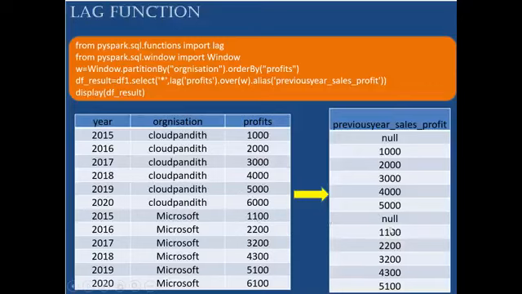Similarly, 1100 will come as null because we are using the lag function. This particular value will go to the next record, like this.